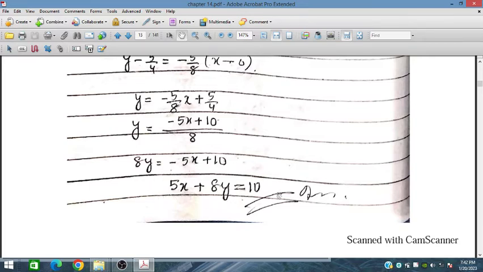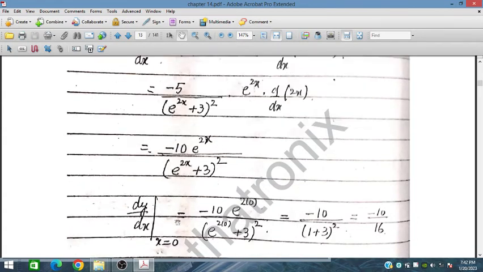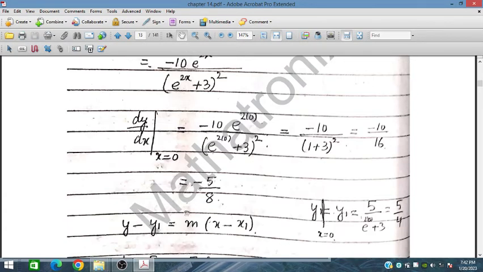So this is very, very important. We actually obtained dy by dx, and that dy by dx is placed here. This dy by dx is basically the gradient. Dy by dx is m. This small m is basically dy by dx at x is equal to 0. This is the gradient, so we have placed this gradient here.